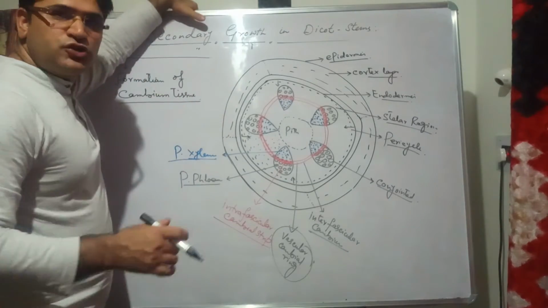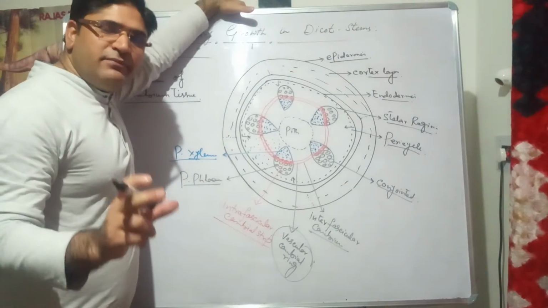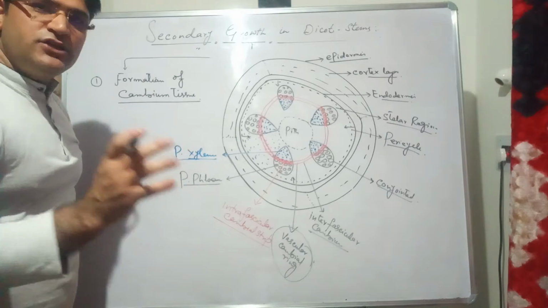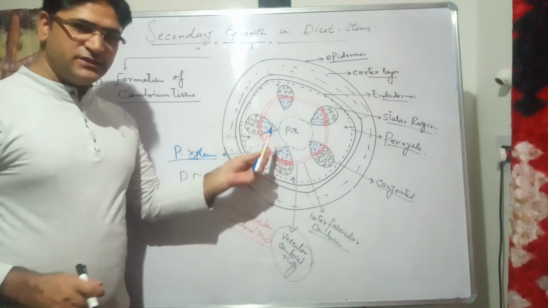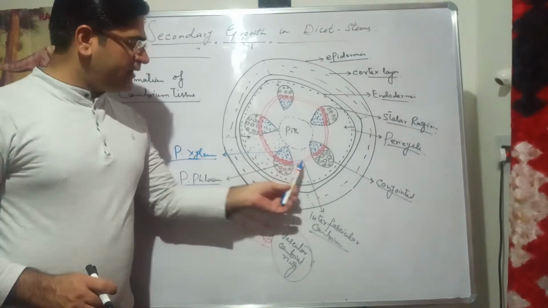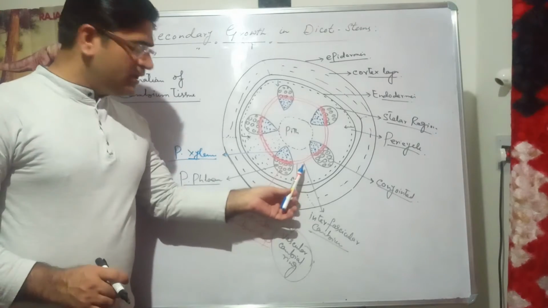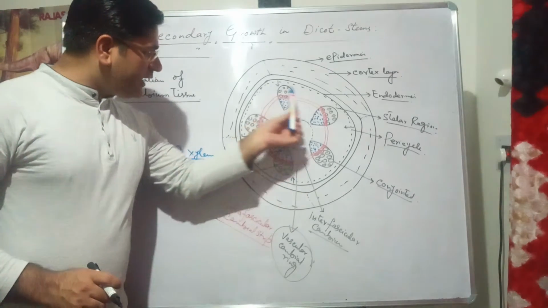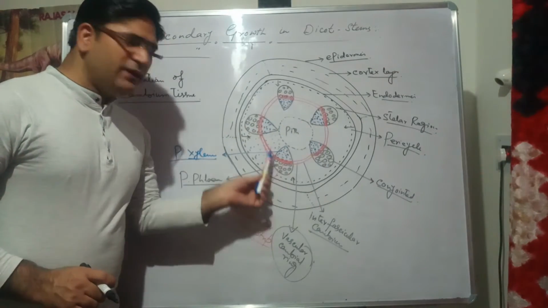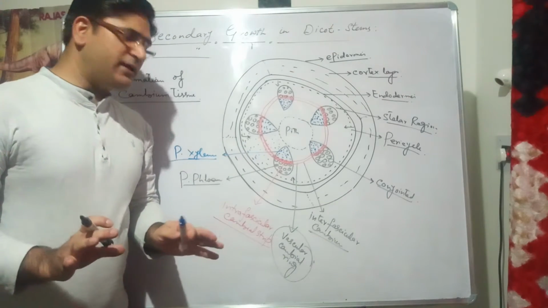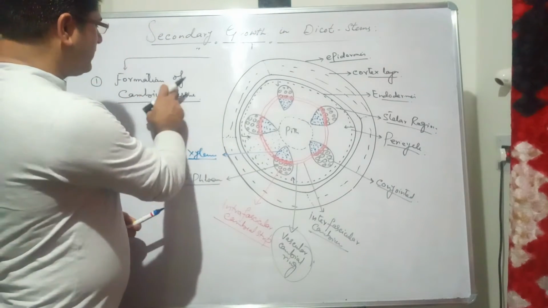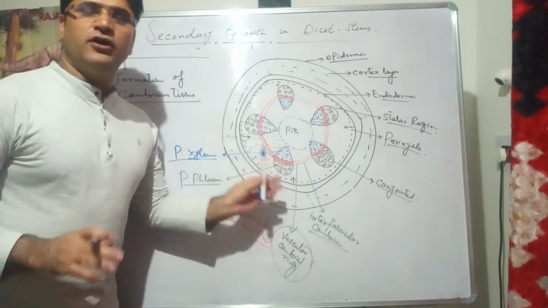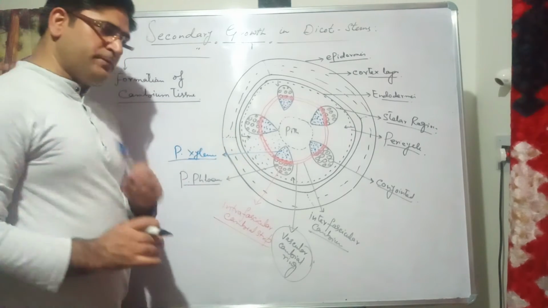So the vascular cambium ring is formed by the joining of intravascular cambium and intervascular cambium. By the joining of these two, a complete ring of cambium is formed, which is called vascular cambium. This is called formation of the cambial ring, or formation of cambium tissue.